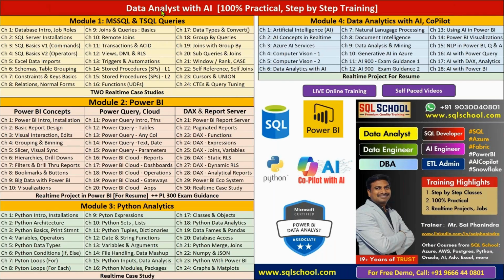Let me take data analyst first. We'll do module 1, SQL, for about 3 weeks, then Power BI 4 weeks. Python, not programming, only analytics, 3 weeks. And data analytics with AI Copilot another 2.5 to 3 weeks.